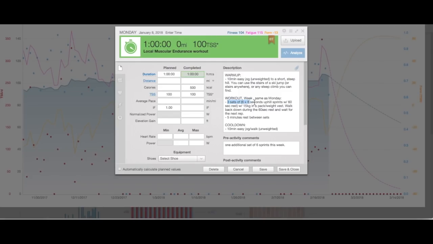This was 3 sets of 6 by 8 seconds of uphill sprints with 60 seconds of rest with a weighted pack or vest. This is a workout that should actually help him recover a little bit, get the blood flushing through, and it shouldn't be too hard.